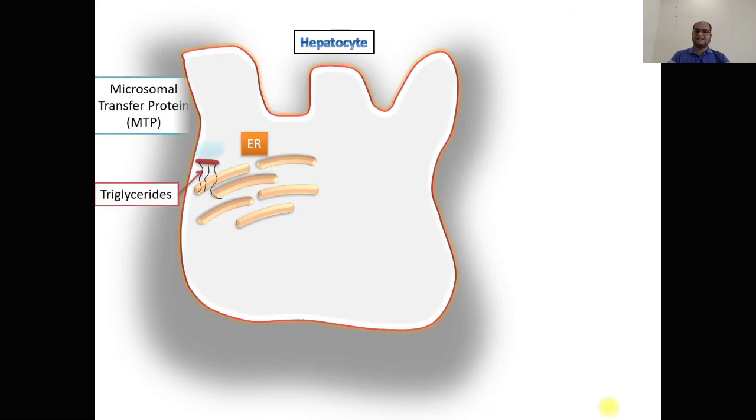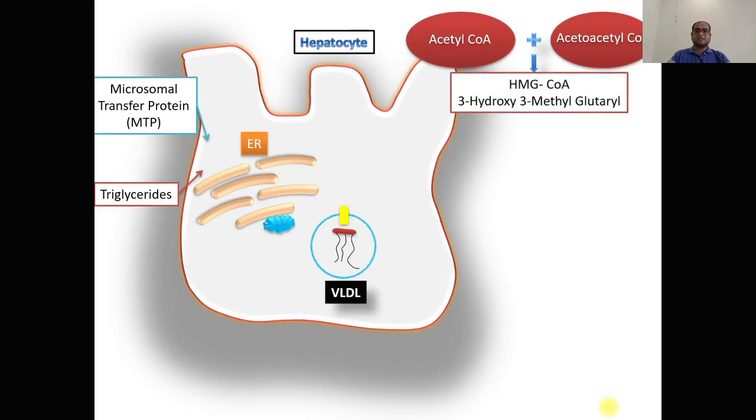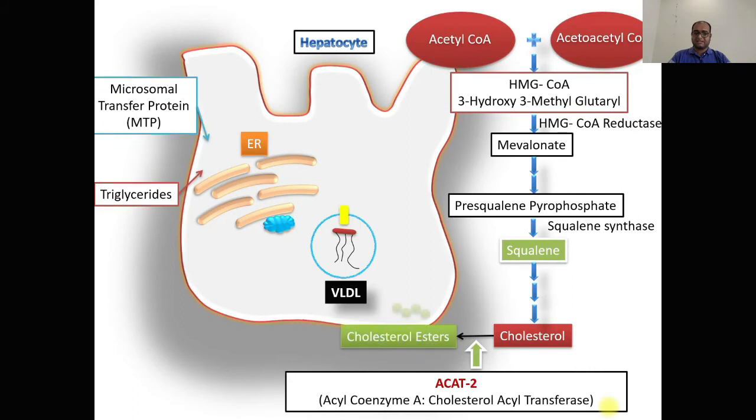So triglycerides that are generated will be liberated inside the cell, and instead of ApoB48 we have ApoB100 that will encapsulate the triglycerides. Now cholesterol, which is generated inside the body, not coming from the diet, comes from HMG-CoA, which converts into mevalonate, then squalene, and ultimately cholesterol, which gets converted into cholesterol esters.